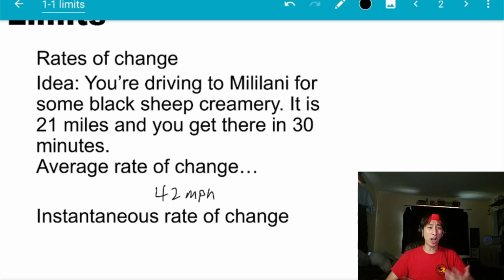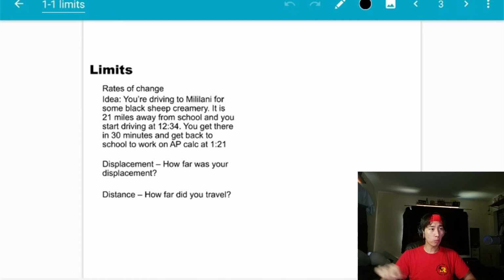You're saying, okay, this is approximately how fast I was driving. Instantaneous rate of change, though, is very specifically saying, okay, at this exact second, how fast are you going? That's the main difference between average rate of change and instantaneous rate of change. Questions? Okay, excellent.